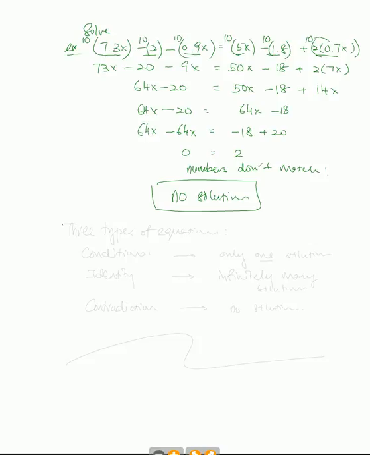So to summarize, there are altogether three types of equations.